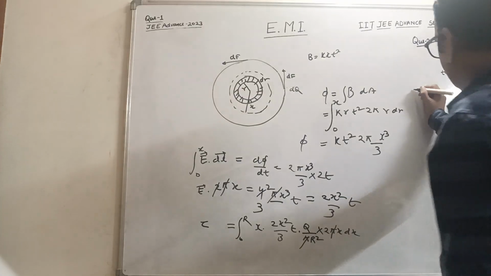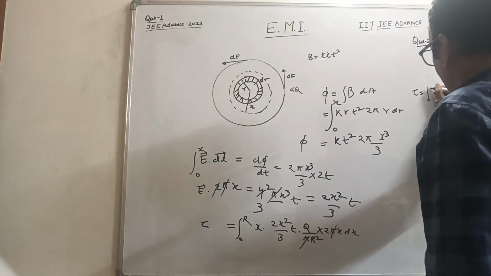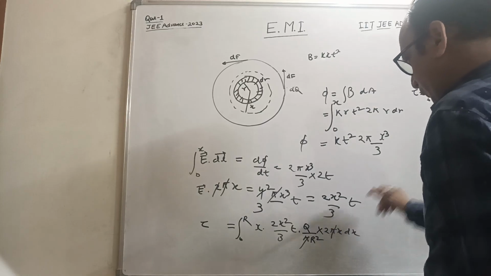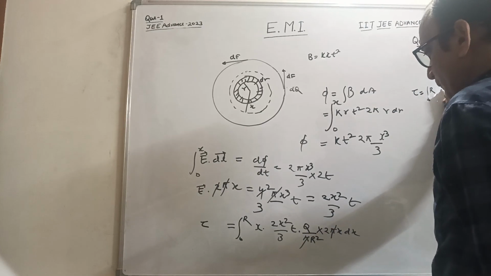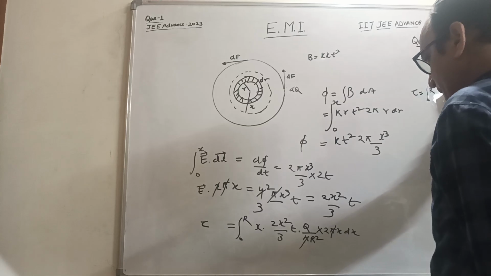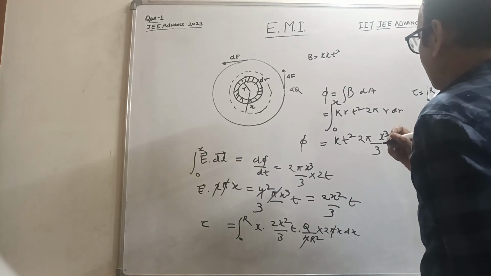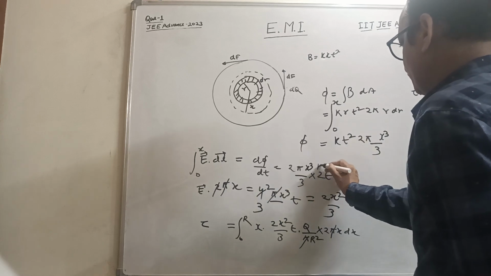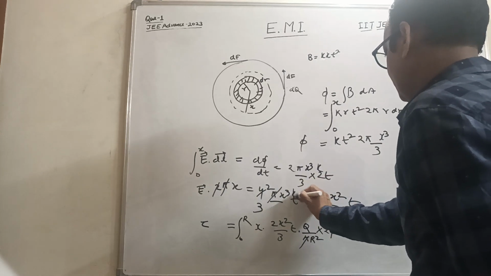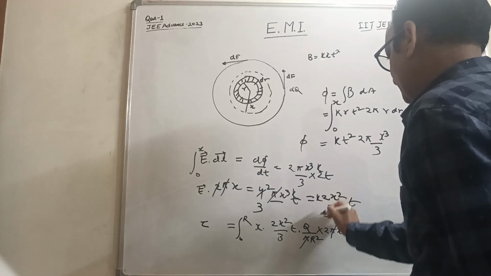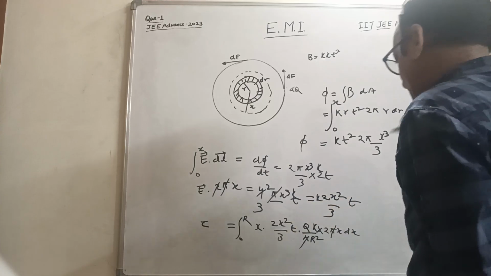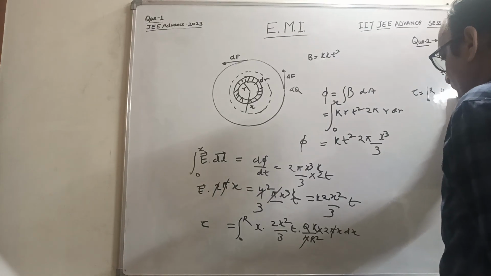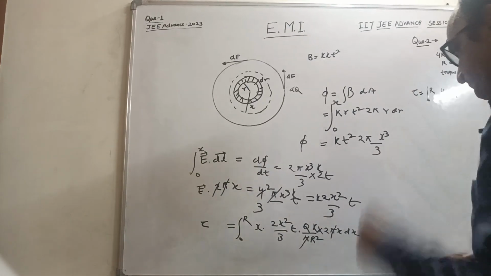So tau is equal to the integral from 0 to r, 2 into 2 is 4, and we have left k, so this becomes 4kq.